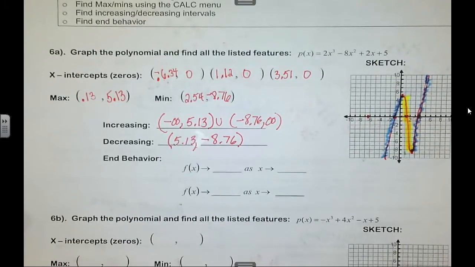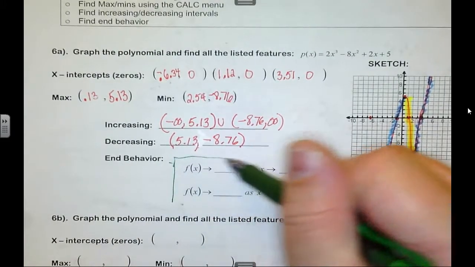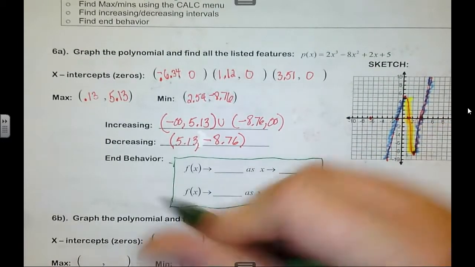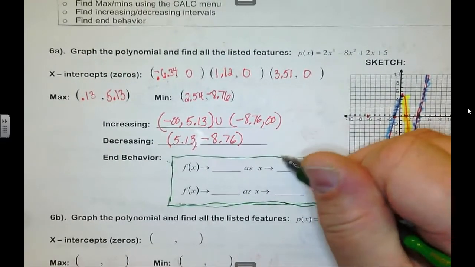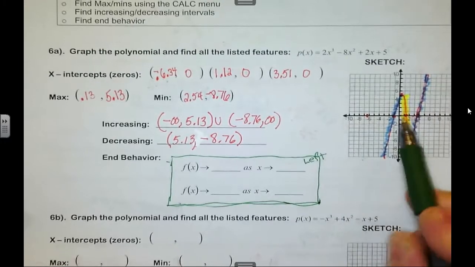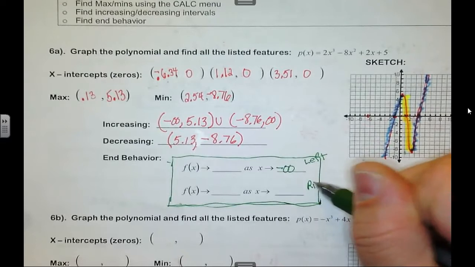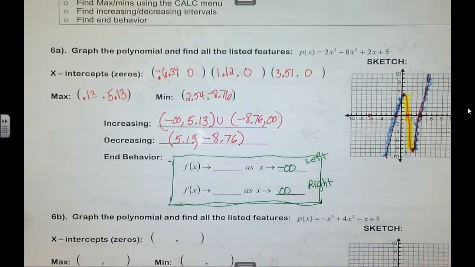End behavior. As soon as I see end behavior, here's my template. Fill in the blanks. This is left on my x-axis, so this goes to negative infinity. This is right on my x-axis, positive infinity.